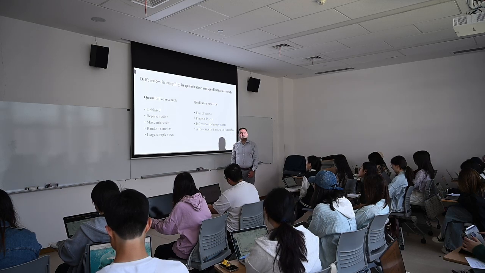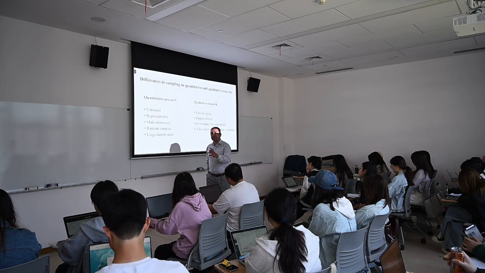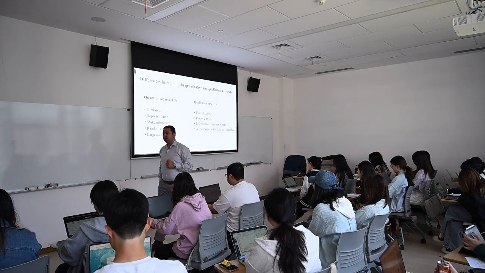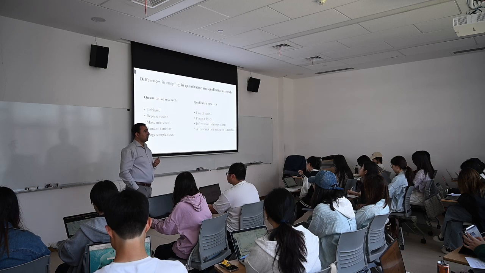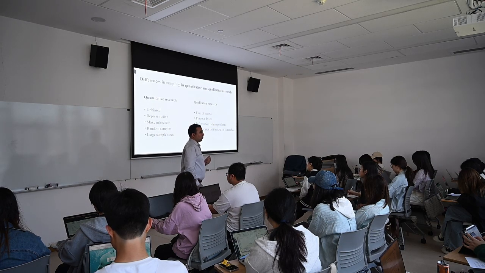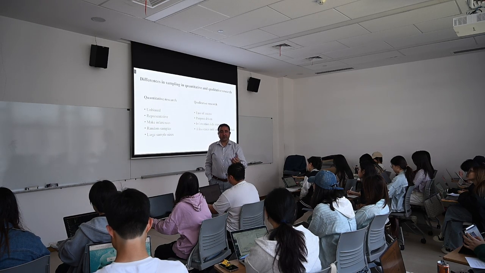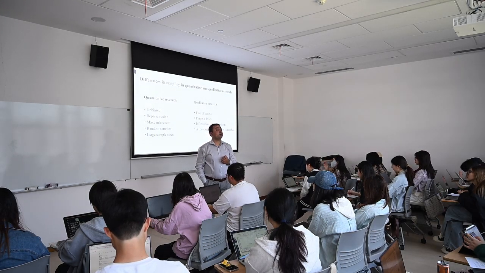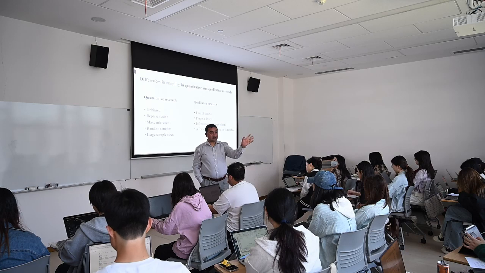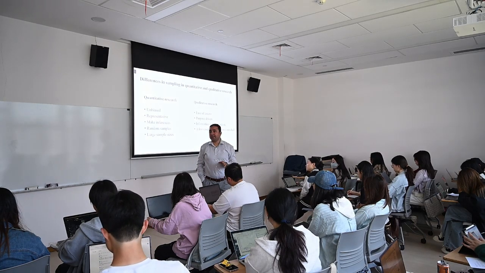Ease of access means we select people. It is judgmental. We use our own judgment. We select people we think can provide us all the information, or the best information. There is no random sampling.